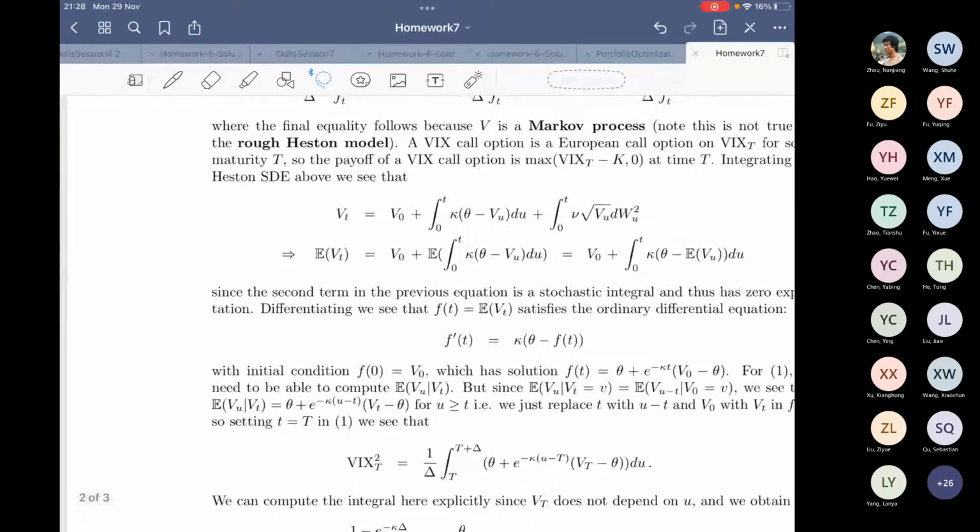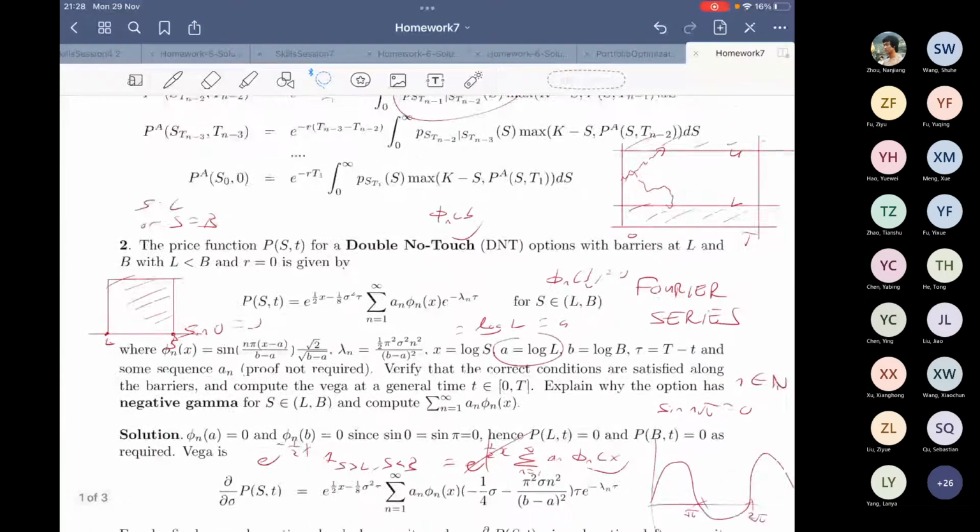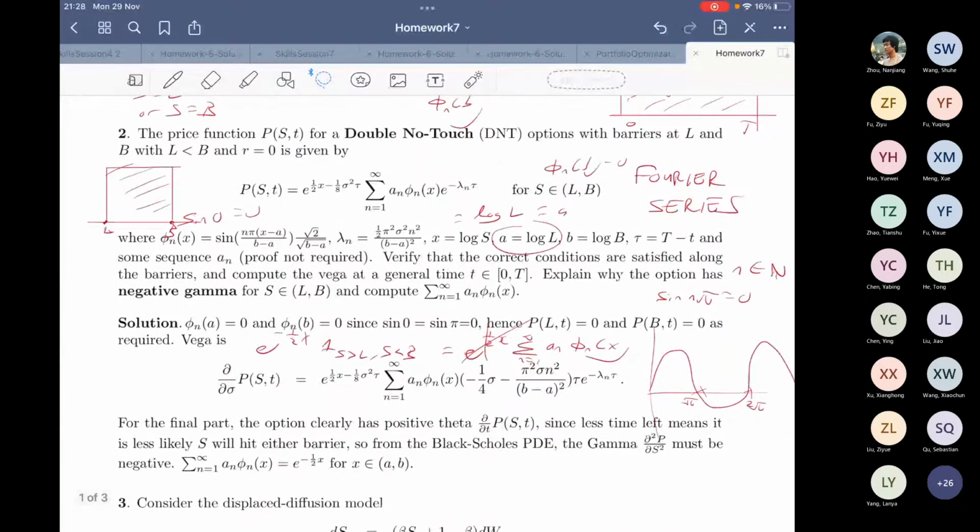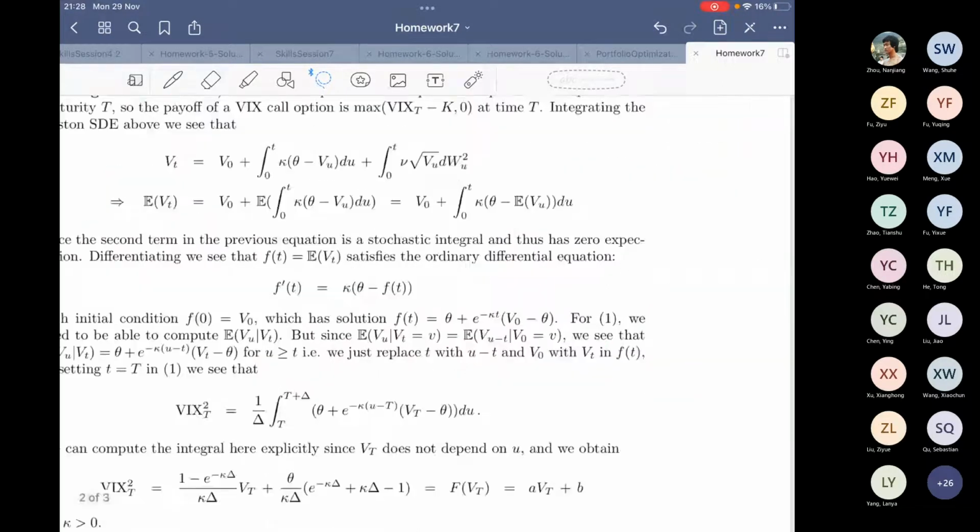The final part says explain why the option is negative gamma. It depends on what my definition of theta was.